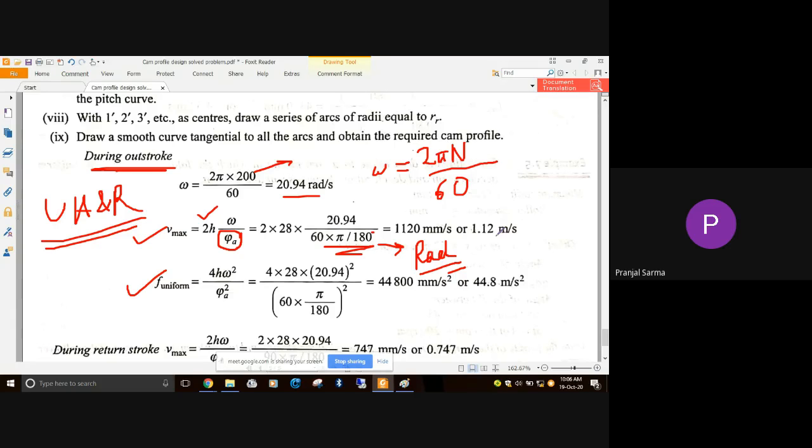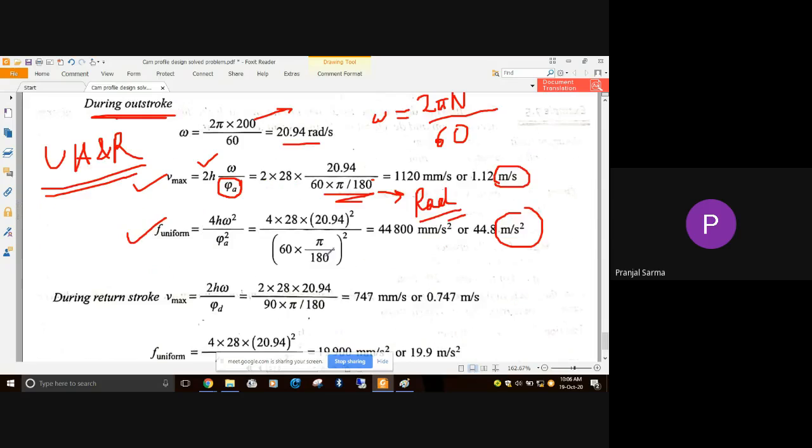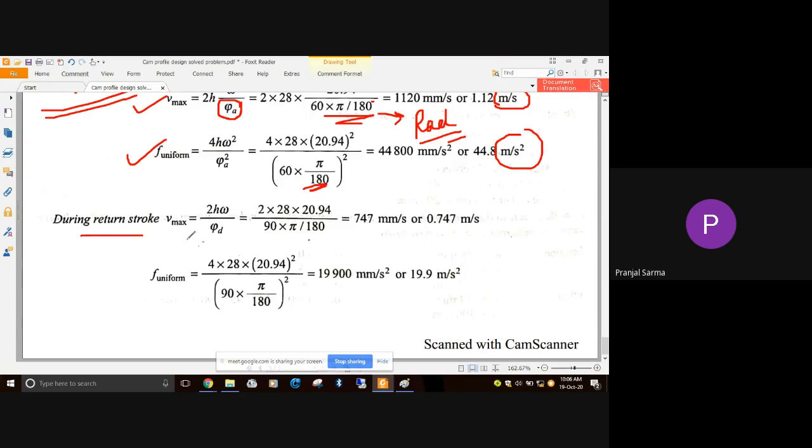Use the proper units: whether it is acceleration or velocity, the corresponding proper unit has to be considered, and angles always in radian. Similar is the case during the return stroke, but now it will become theta d, for the return stroke, and so on. With this we have completed the whole problem.